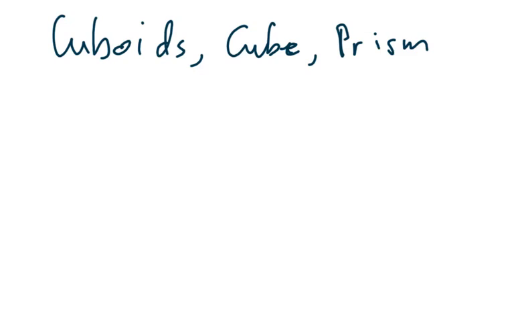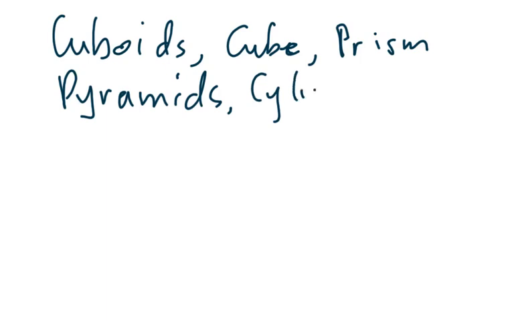And we have pyramids, cylinders. Cylinders are three-dimensional shapes, as well as spheres. Spheres are also three-dimensional shapes. So these are the different types of three-dimensional shapes that our lecture is going to hinge on.